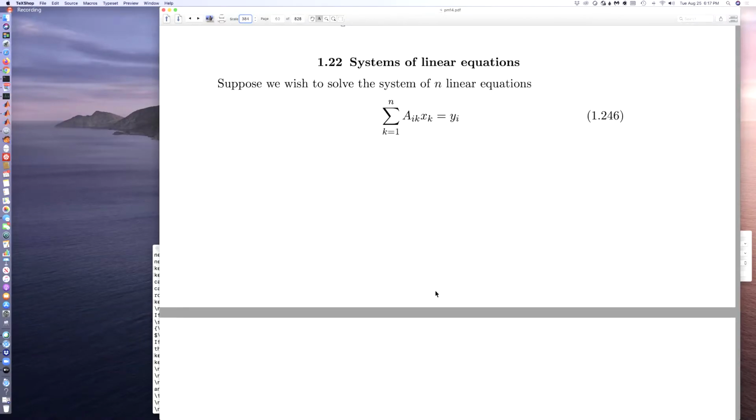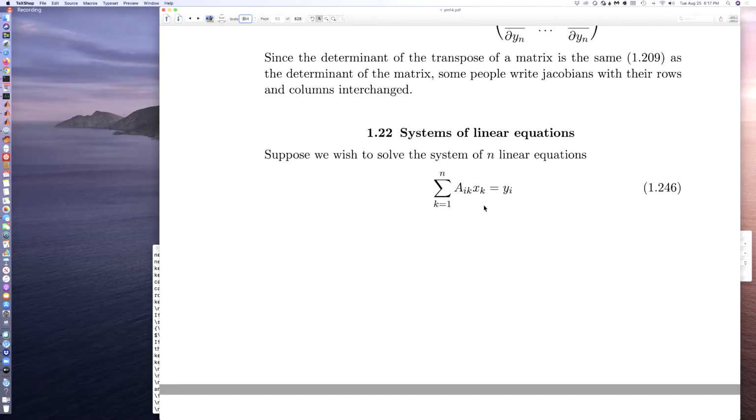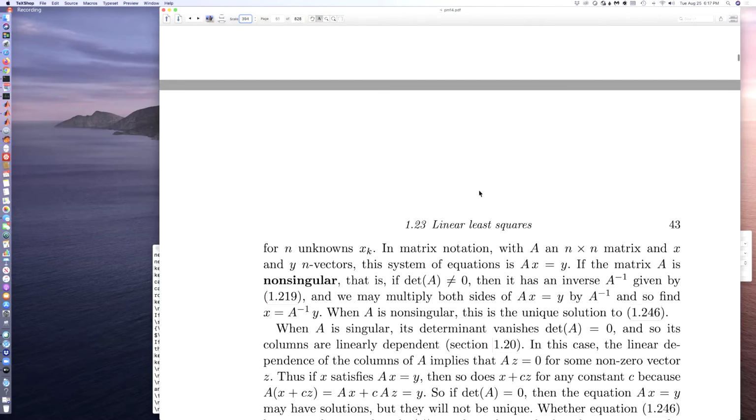Now let's go to systems of linear equations. In particular, let's suppose we have an n by n system of linear equations, or an n by n matrix A, a vector x equals y.